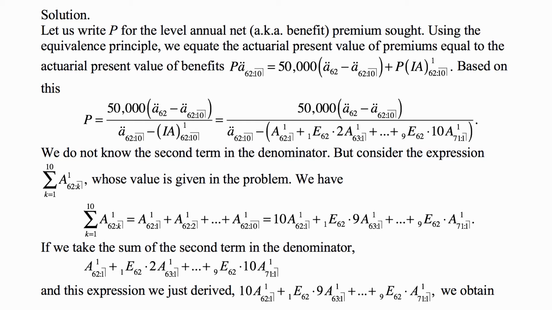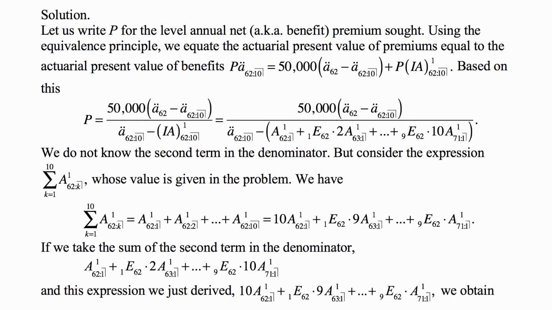You're just removing the first 10 years and then it's paid for life after that. Plus P IA 62 colon angle 10 1, because the refund of premiums is effectively an increasing life insurance: the first year it's one premium, second year it's two premiums, and so on over 10 years.